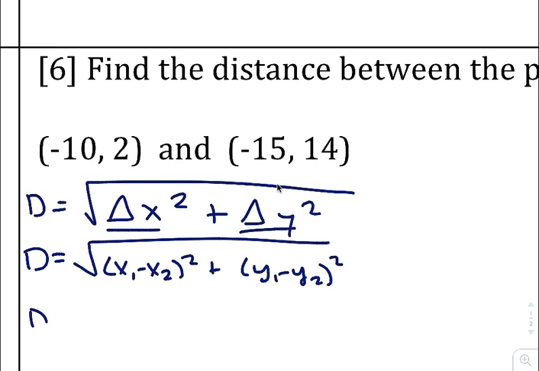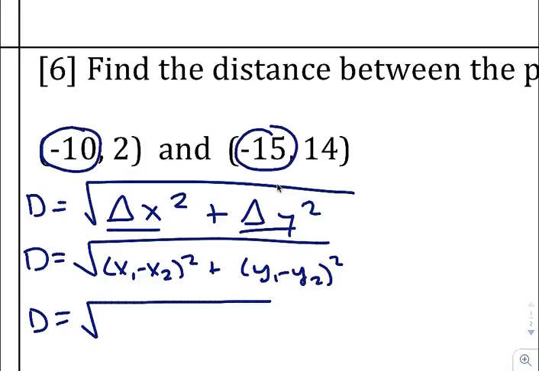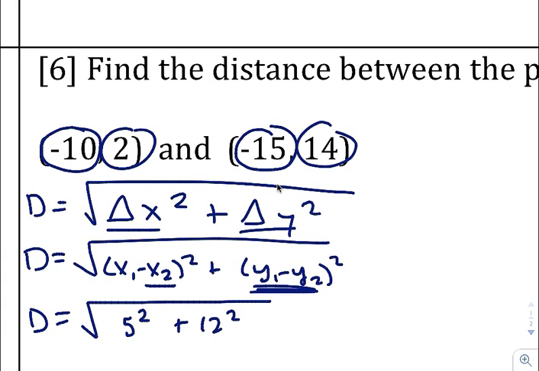And so we can just skip forward and do that counting in our head even. If we're going to find the distance, you could plug into the formula, but we can also just ask ourselves how far apart are negative 10 and negative 15. They're 5 apart, so that turns into 5 squared. And how far apart are y1 and y2? 2 and 14. Well, 2 and 14 are 12 apart, so that should be 12 squared. Now, plugging into the formula, you should get the same values.